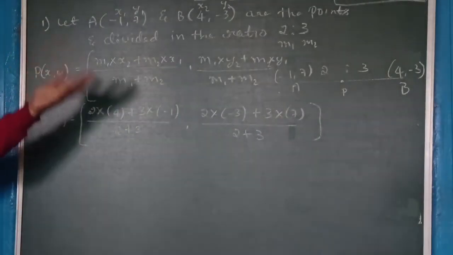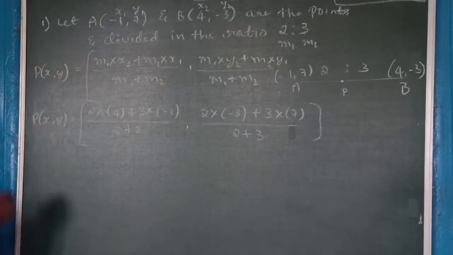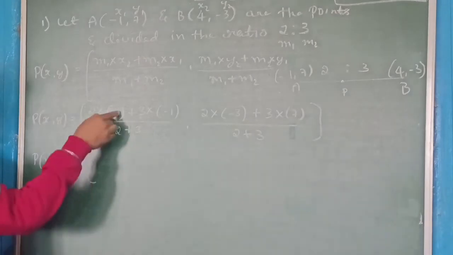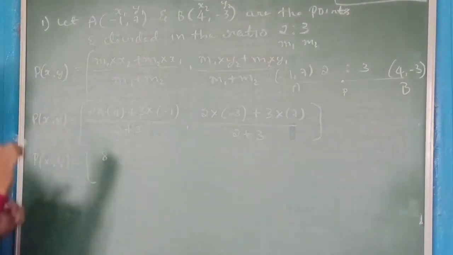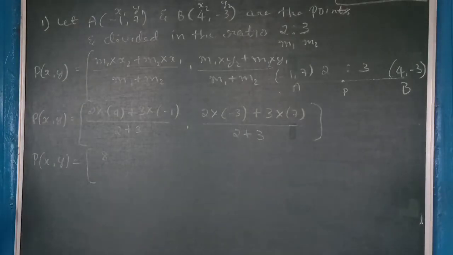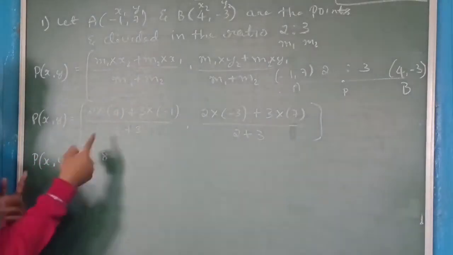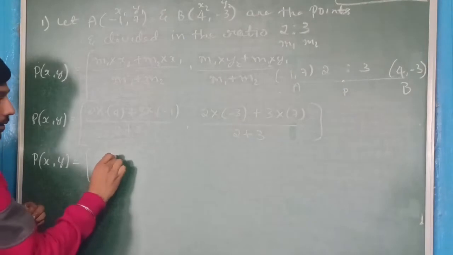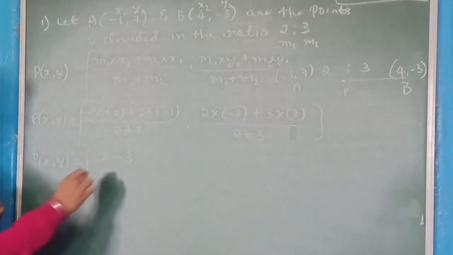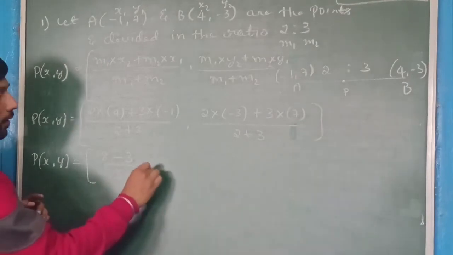Apply the data into the formula. So next, P of x comma y. Now 4 2s are 8. Whenever you are multiplying, you need to multiply the numbers as well as the symbols. Now 4 2s are 8. Clear? Now plus into minus is minus: 3 1s are 3. Is it clear now? Yes, sir. Divided by 5. Comma.